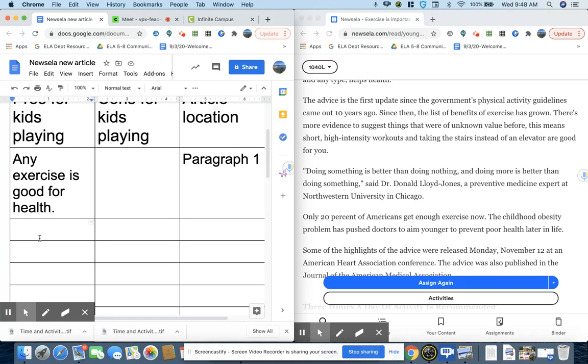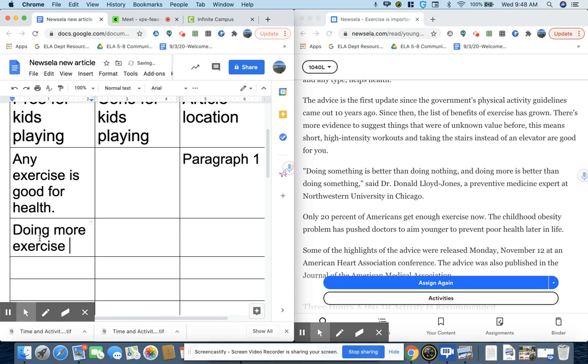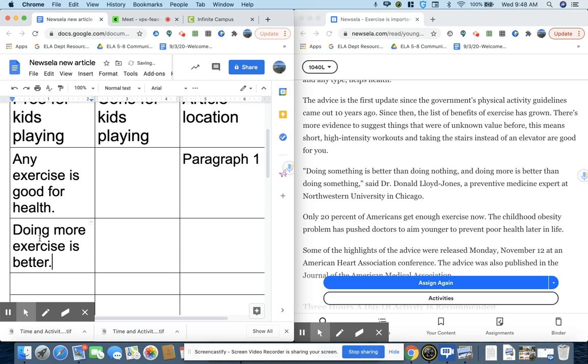So you can actually put another one: doing more exercise is better. Paragraph 3. That's another argument I could use.